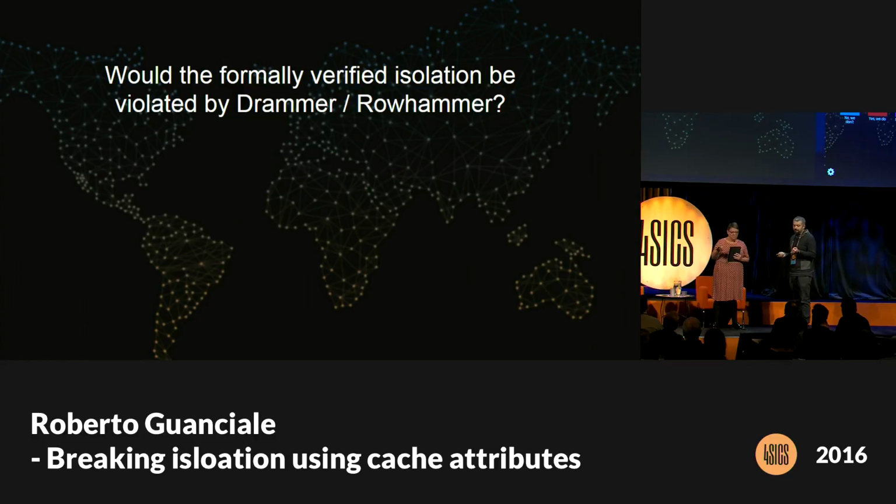Are all of you familiar with what Drammer and Rowhammer are? It works basically in this way. Usually you write to a physical location. Let's say you write to the location at 1 megabyte, and you expect that only this byte changes in memory. But due to a misbehavior of the hardware, by writing several times to a memory location, it's possible to affect another memory location by bit flipping.